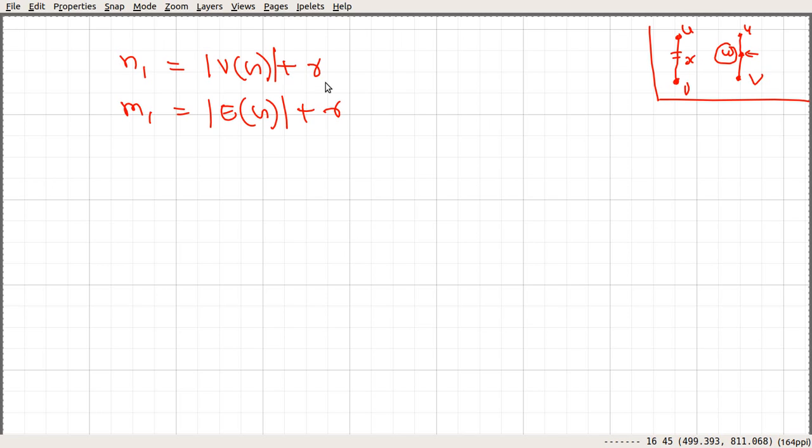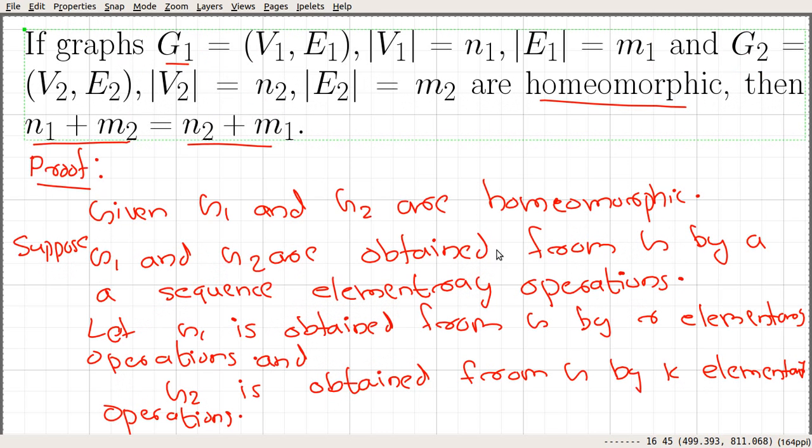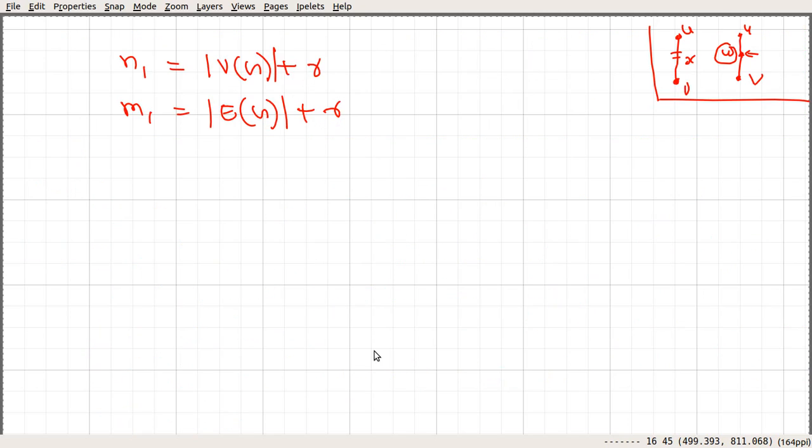So if we perform R elementary operations, the number of vertices in G1 equals the number of vertices in G plus R, and the number of edges in G1 equals the number of edges in G plus R. Similarly, here the same kind of thing happens.